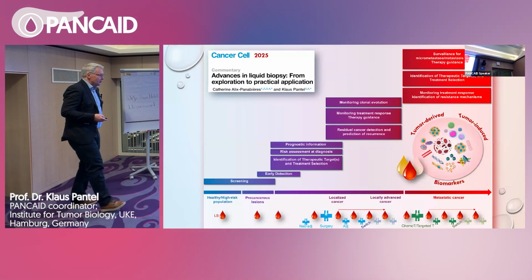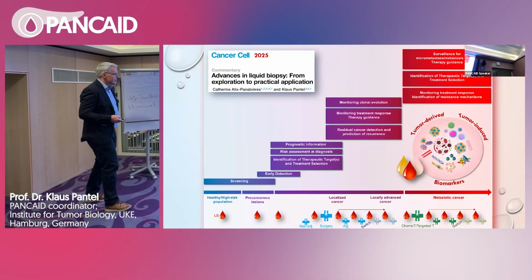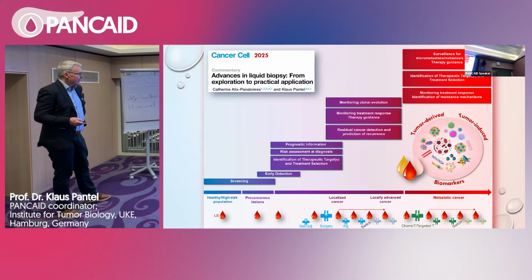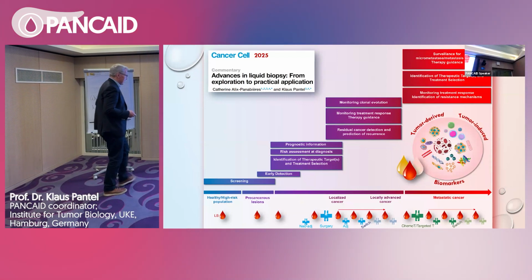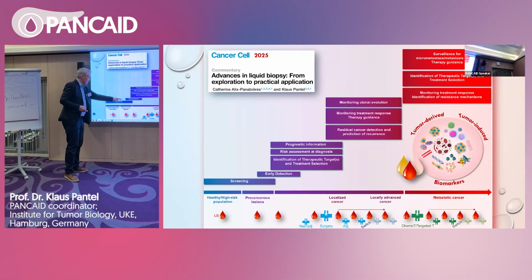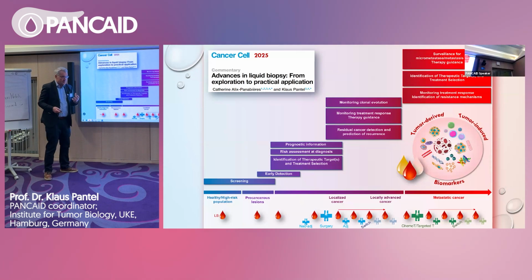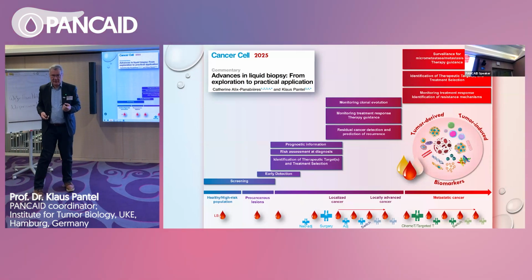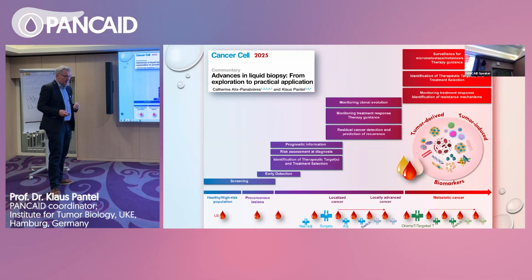So, just to give you a glimpse of the clinical applications in the next 10 minutes: here in PANCAID, we want to detect tumors, and aggressive tumors like pancreatic cancer, a super aggressive tumor, as early as possible.